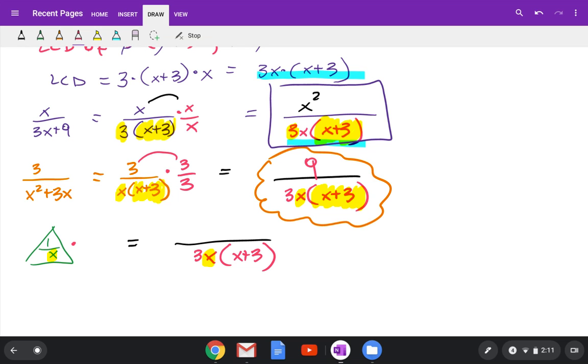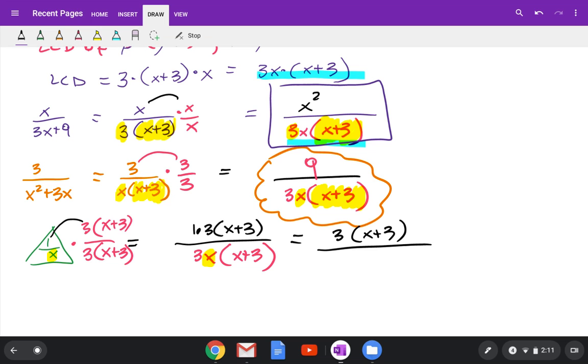So we're missing 3 times x plus 3, so we multiply top and bottom of the original fraction by the factors from the LCD which we are missing. And now we just multiply. You multiply 1 times 3 times x plus 3, which will give you 3 times x plus 3 over the denominator, which is the LCD, 3x times x plus 3. Okay, so that's the one in green, okay?